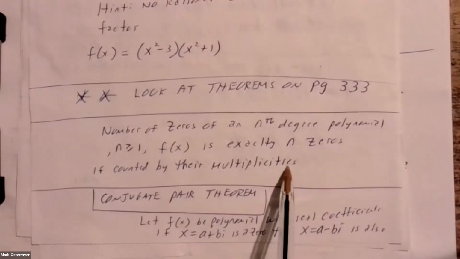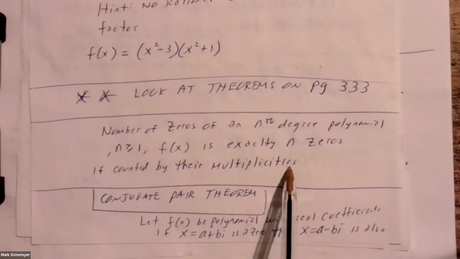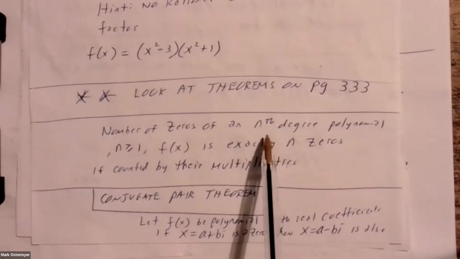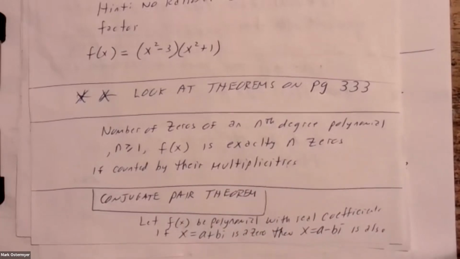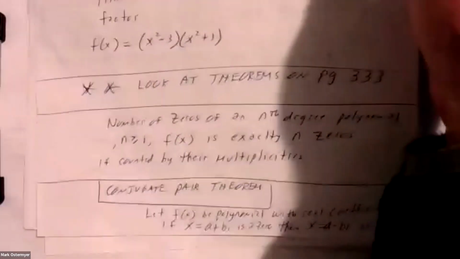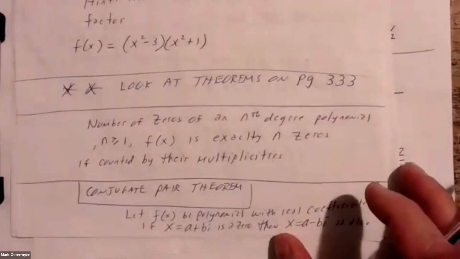So the sum of the multiplicities of all the zeros of a polynomial function must always be equal to the degree of the polynomial. So if you solve a fifth degree polynomial equation, the sum of all the zero multiplicities better add up to 5. If you solve a 10th degree polynomial equation, the sum of all the multiplicities better add up to 10. That's called the fundamental theorem of algebra.